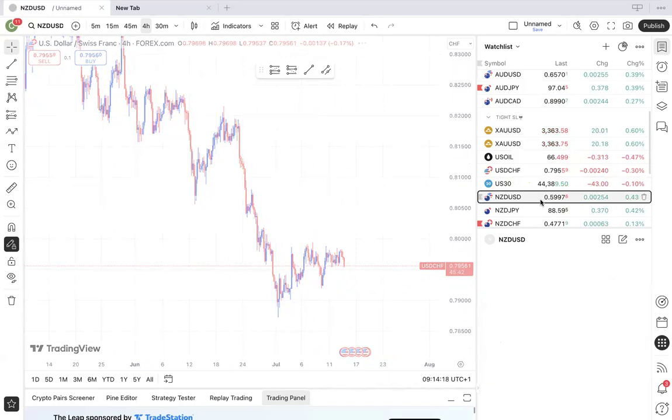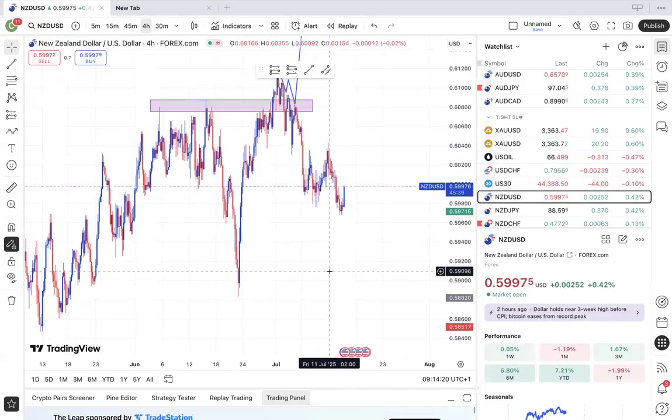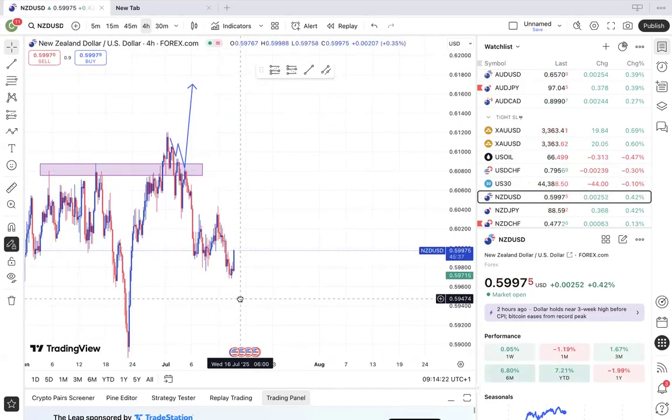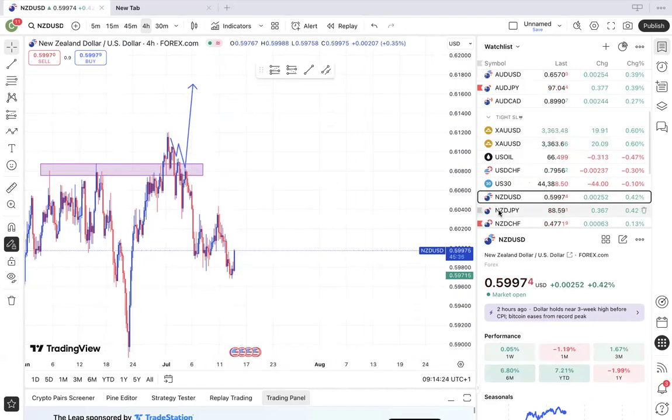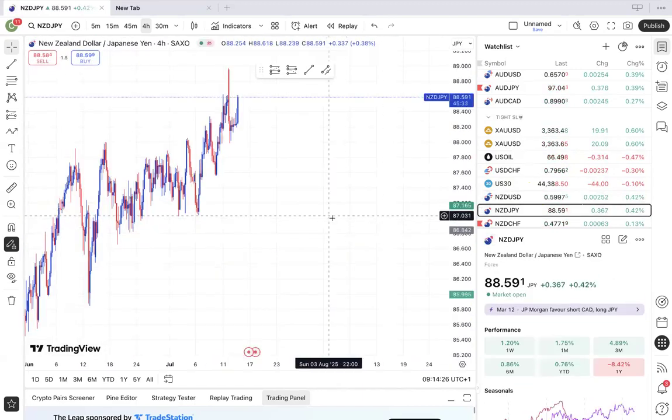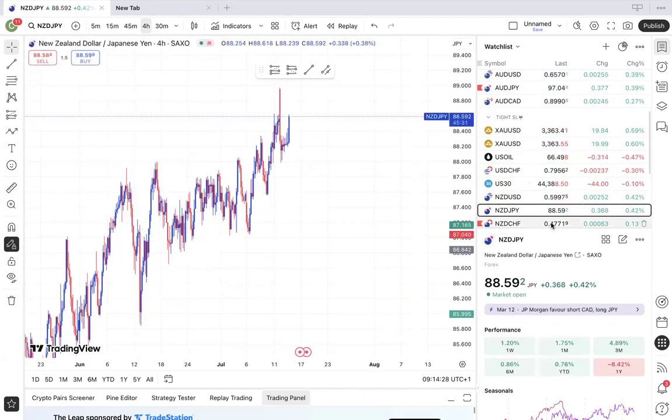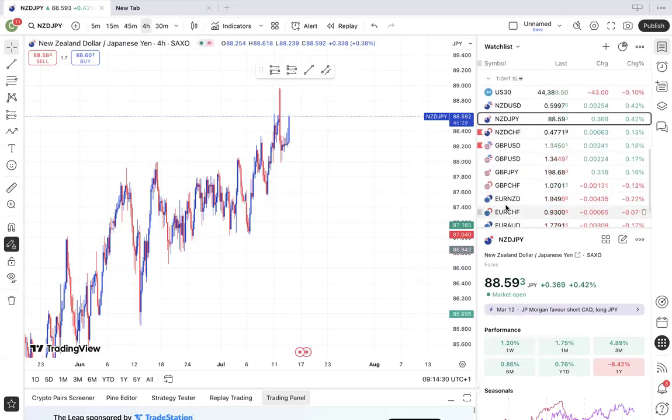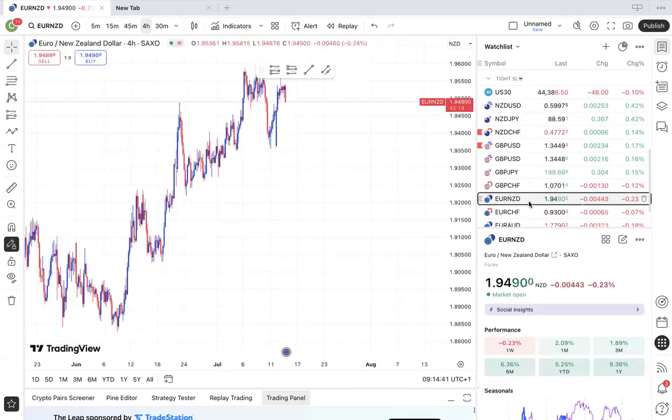Now, next thing is NZD USD. Not really convinced. NZD JPY, not convinced either. ERNZD, let's look at ERNZD.